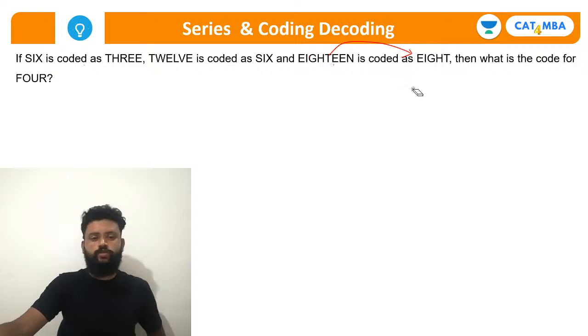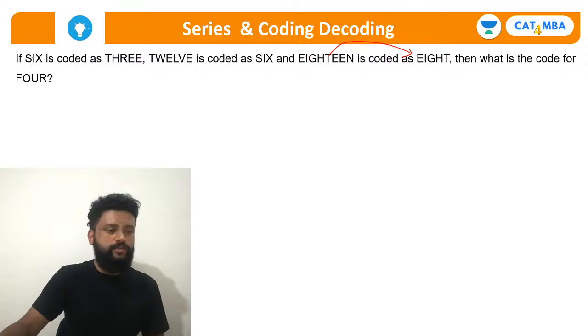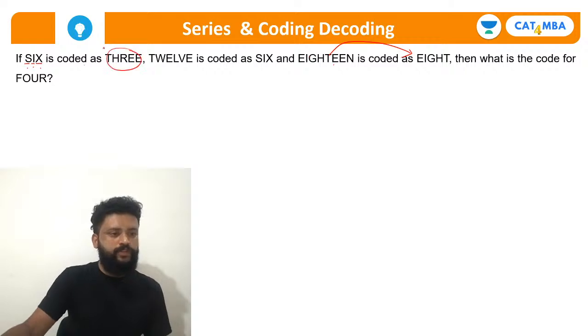Okay, first thing. Now you can simply say this is related to the number of letters. Look at the spelling of 6. How many letters do we have in 6? In 6 there are 3 letters: 1, 2, 3. Coded as 3. In 12 there are 6 letters. Count the letters of 12.